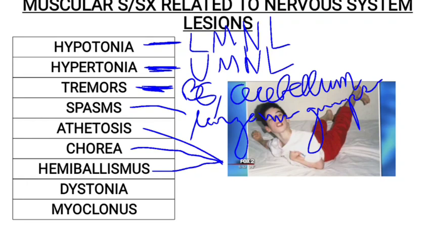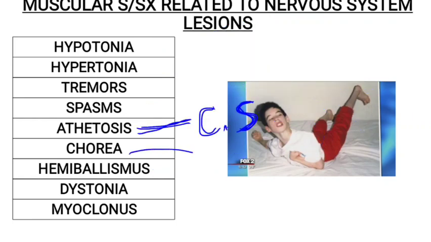So first, you have your athetosis. These are slow, continuous, dysrhythmic movements of the body that disappear during sleep. And with athetosis, you get a lesion, usually of your corpus striatum. Your chorea is also another type of movement disorder.